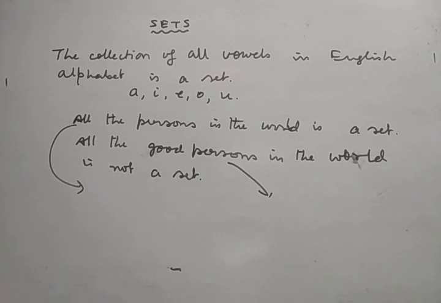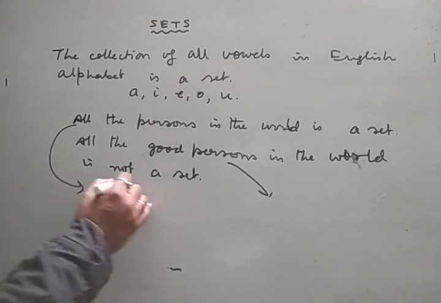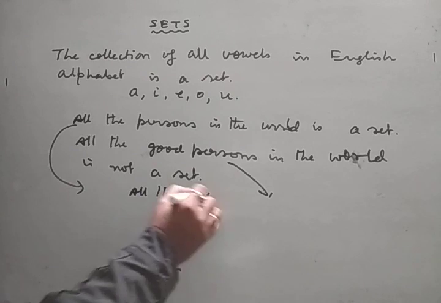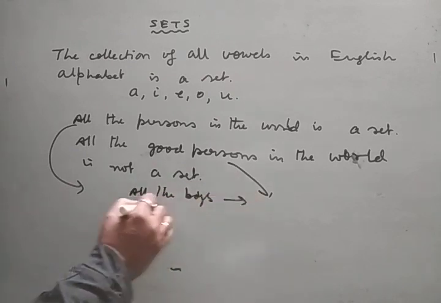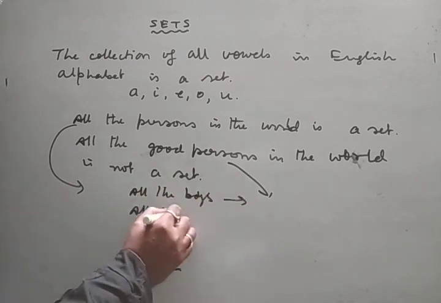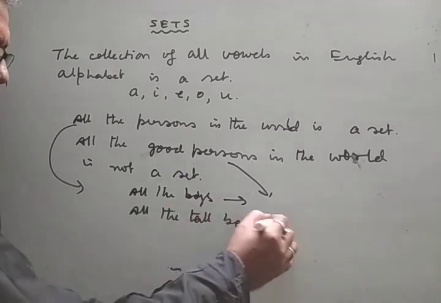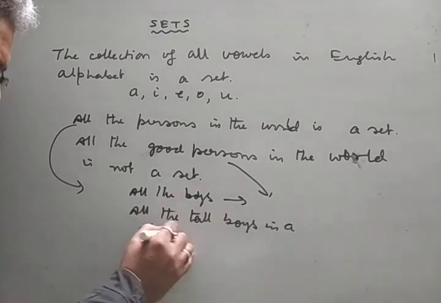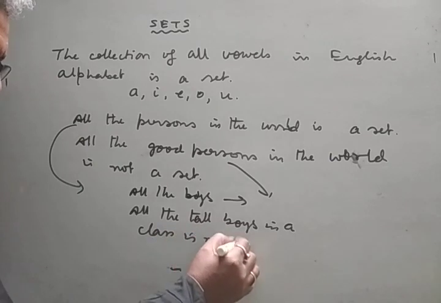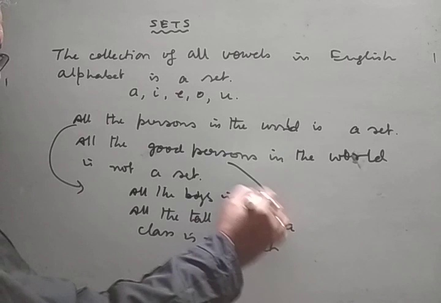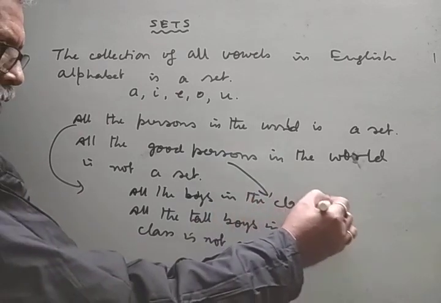Just suppose all the boys in the class is a set, but all the tall boys in a class is not a set. All the boys in the class is a set.